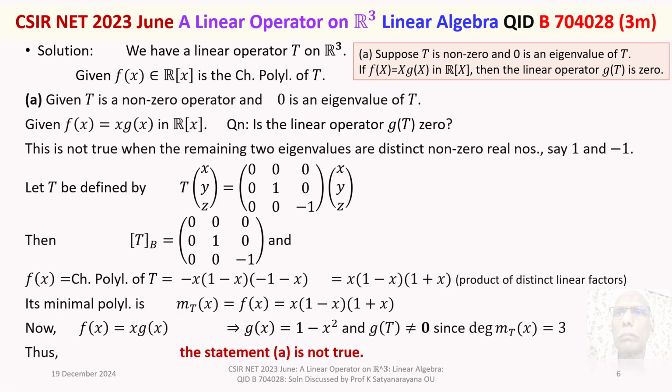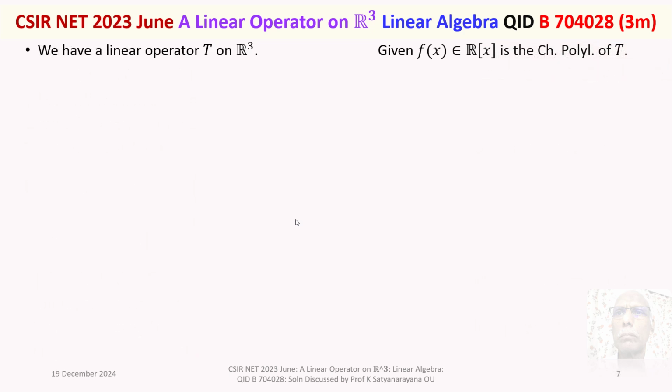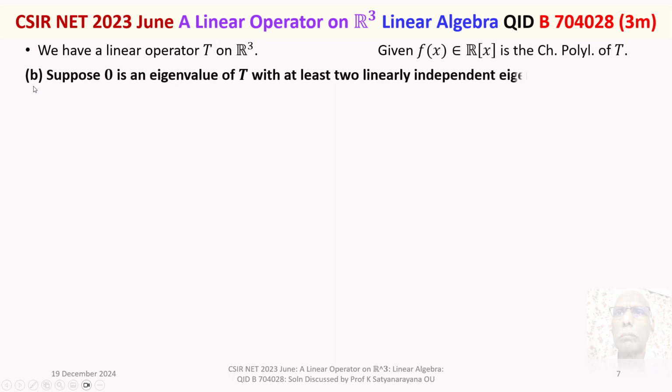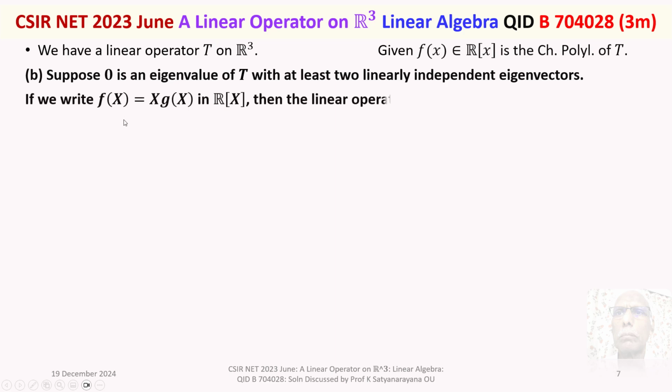Okay. Let's now move to the next slide for the discussion of statement B. So, we have the linear operator T on R cube, and f of x belonging to R bracket x is the characteristic polynomial of T. Statement B states, suppose 0 is an eigenvalue of T with at least 2 linearly independent eigenvectors, and f of x is equal to x times g of x in R[x].